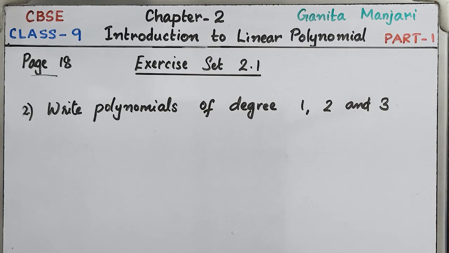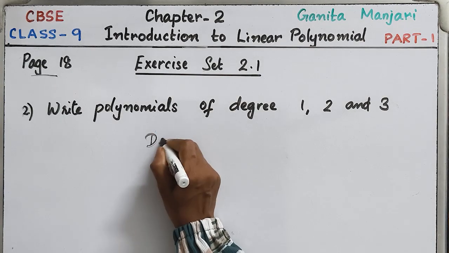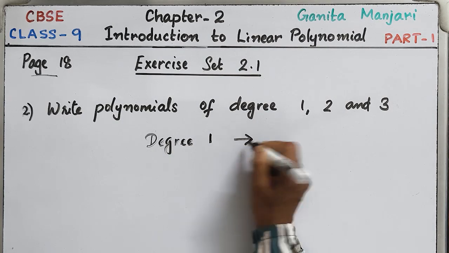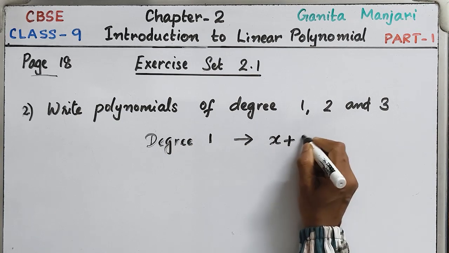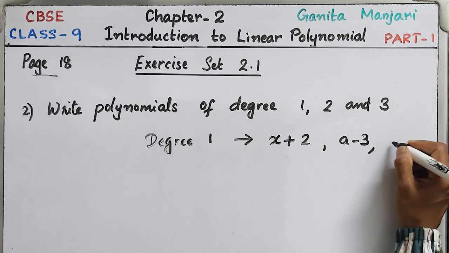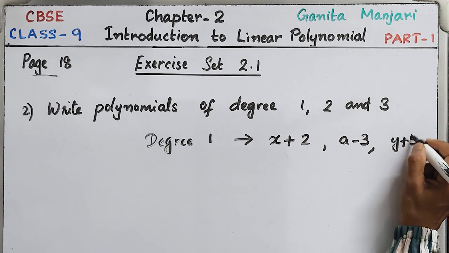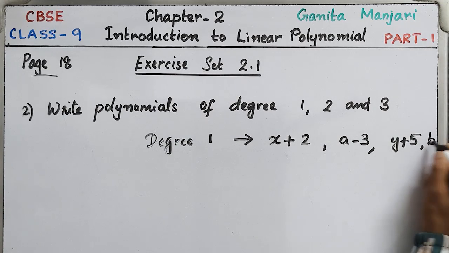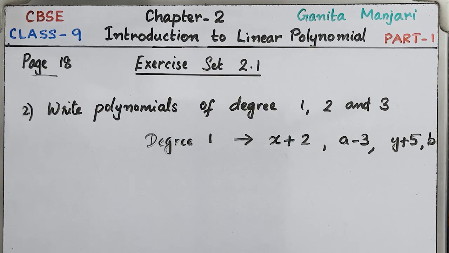Our second question is: write polynomials of degree 1, 2 and 3. Degree 1 first we will discuss. Degree 1 means x plus 2. We can take a minus 3, y plus 5 or simply b. They are the examples of polynomials of degree 1.